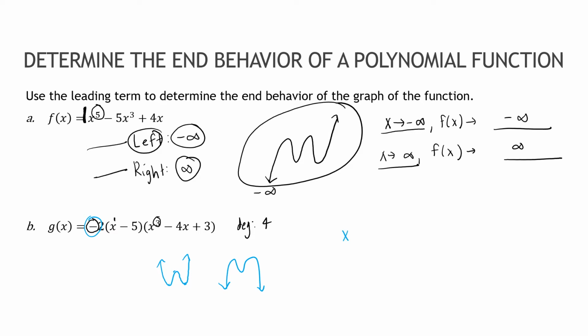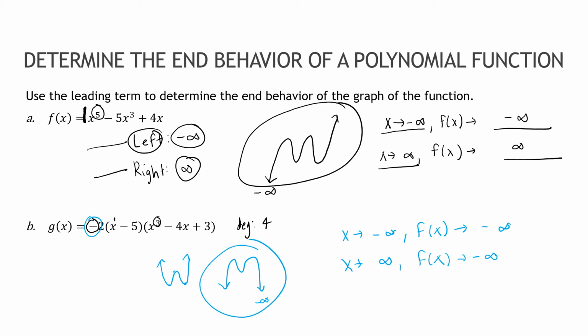So if they said, as x approaches negative infinity, what does f of x do? Well, it goes down. Same thing as x approaches positive infinity, f of x goes down. So that's how I would write that, or I might just be matching it with a graph that looks kind of like that. Probably a little nicer than mine.